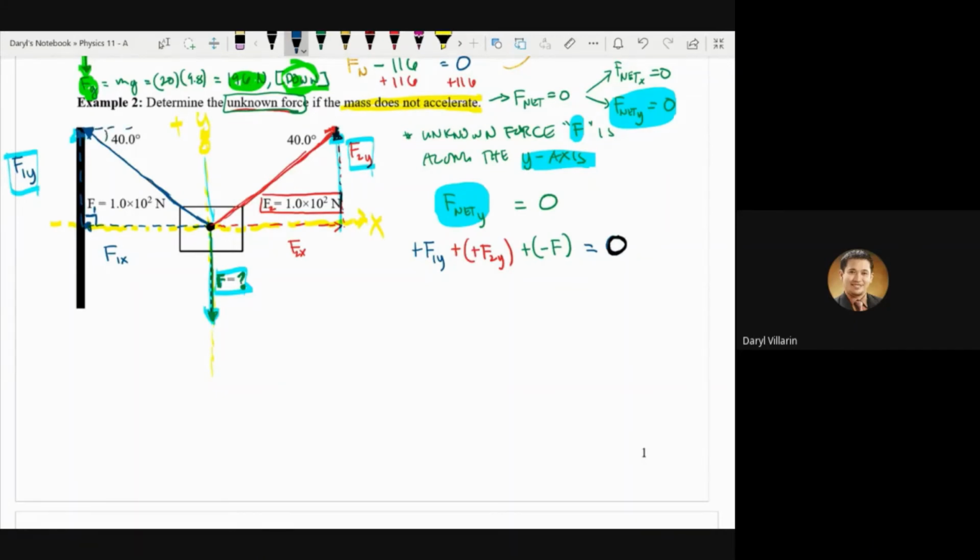So if this is 40 degrees, it also follows that this is 40 degrees, because the total angle here is 90 degrees. So therefore, this is 50, the complementary of 40 degrees. So if this is 50 degrees, it also follows that this should be 40 degrees here, and this is also 40 degrees.